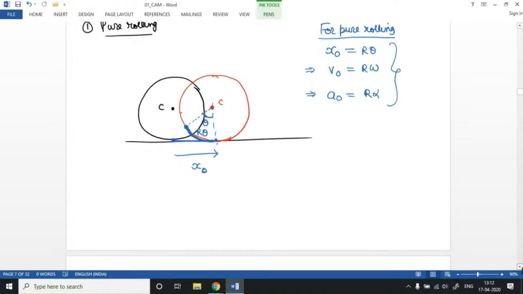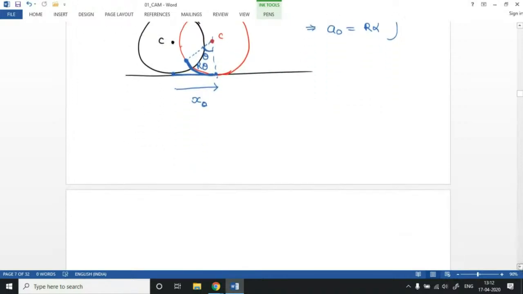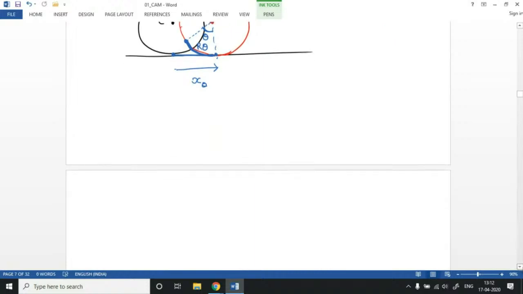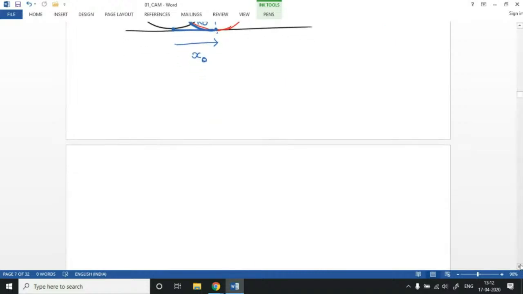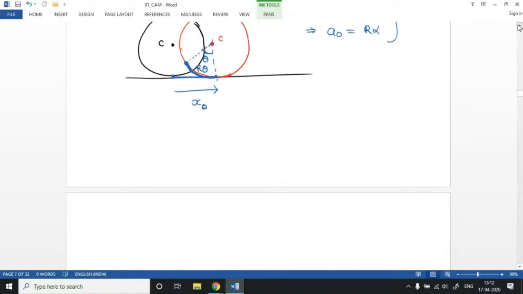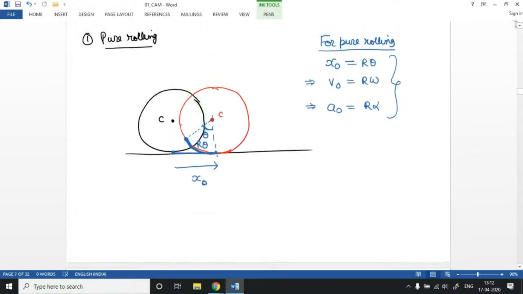So let's study the kinematics of this pure rolling. Let me use the same diagram rather than drawing some other diagram, and let me use another color pen.